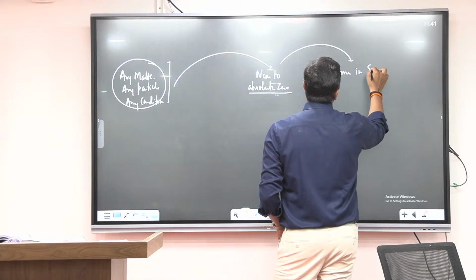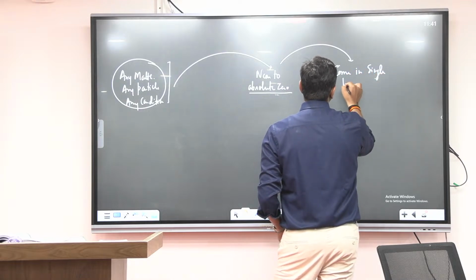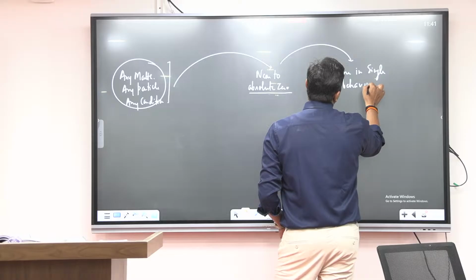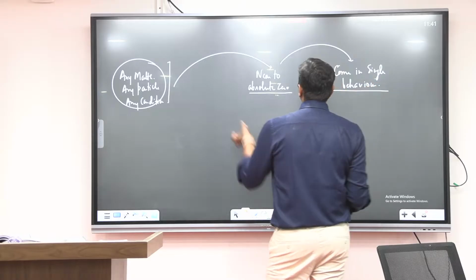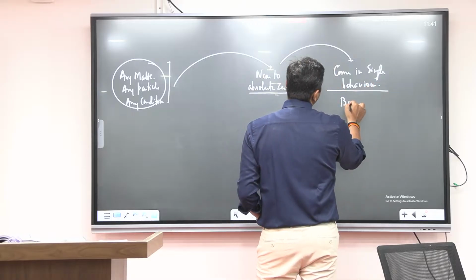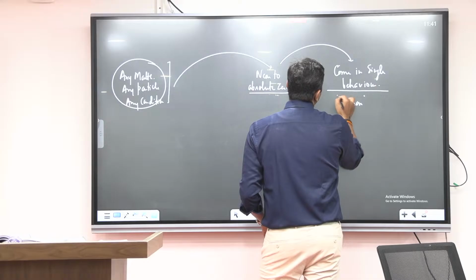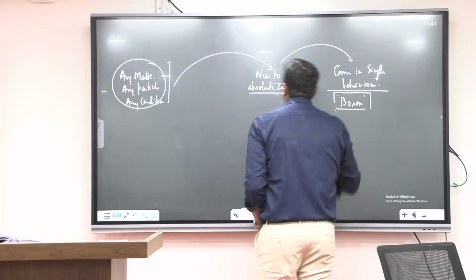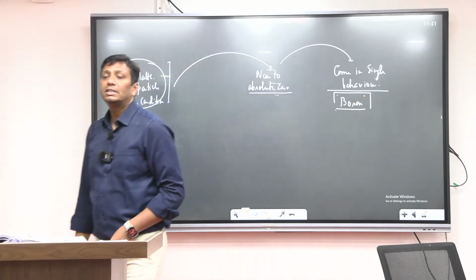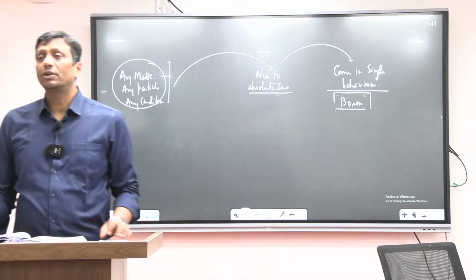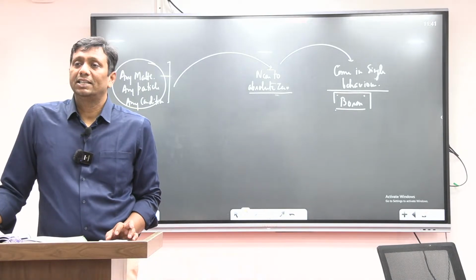They come into a single behavior, and those single-behavior particles form what is called a boson. And this is the fifth state of matter that we call the Bose-Einstein condensate.